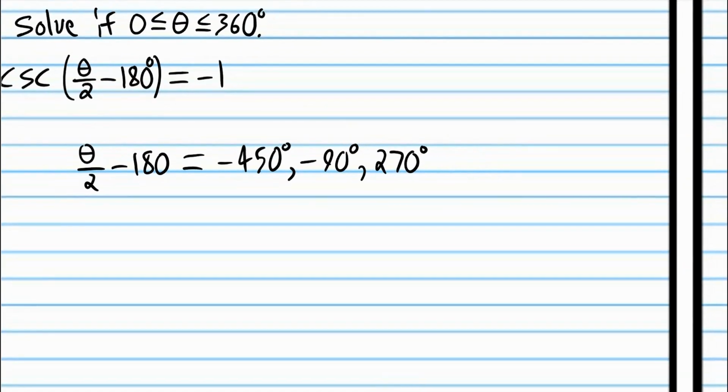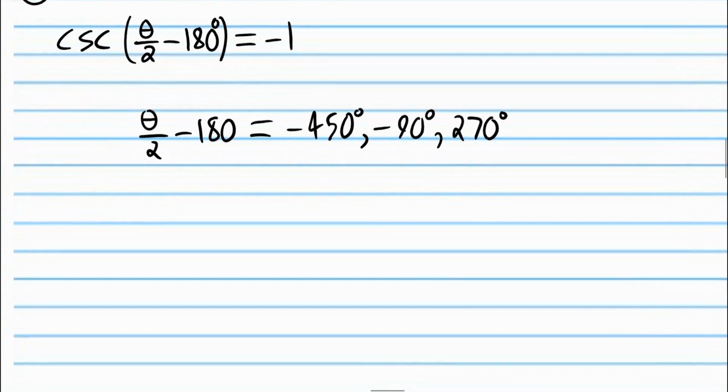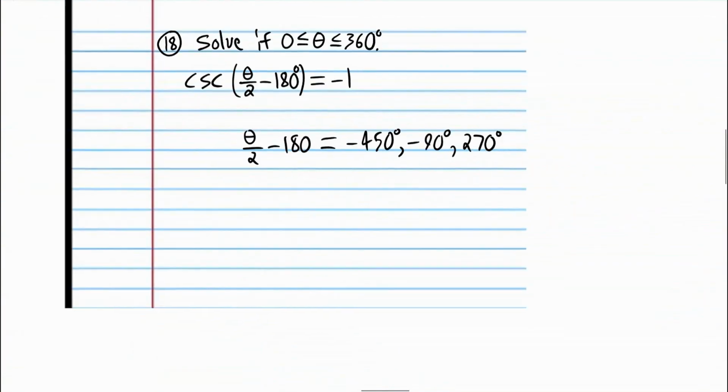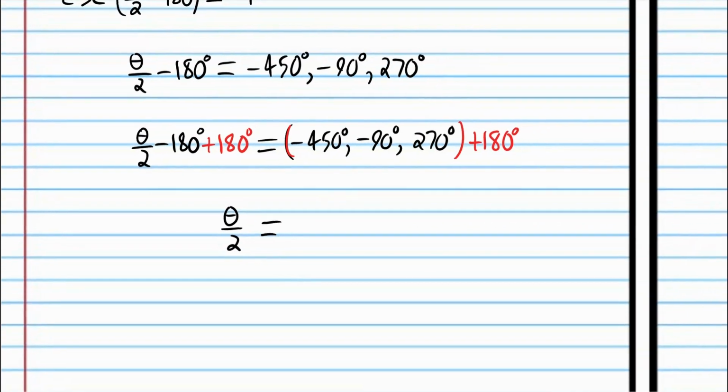We don't really need that angle, but we're just demonstrating the principle here. So now let's add 180 to both sides. So if we do that, we get theta over 2 is equal to, and you can use your calculator if you want, negative 450 plus 180 is negative 270.